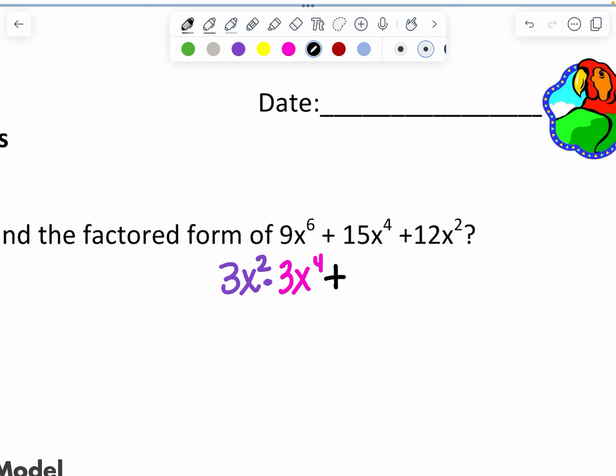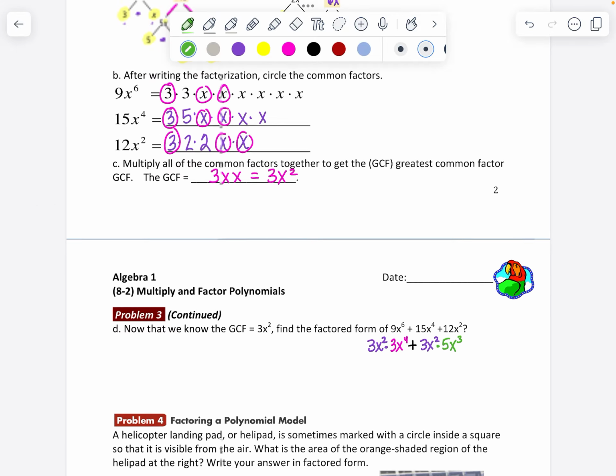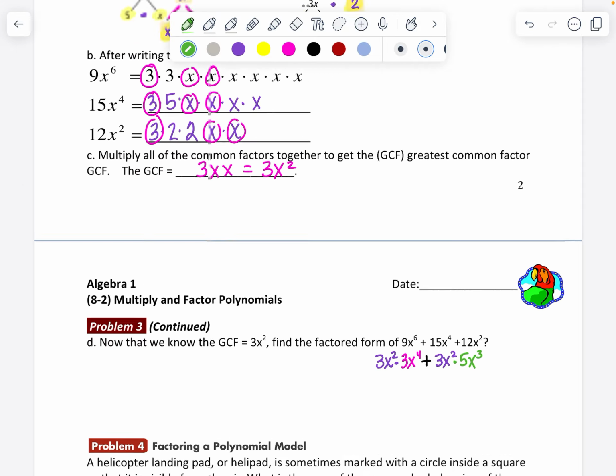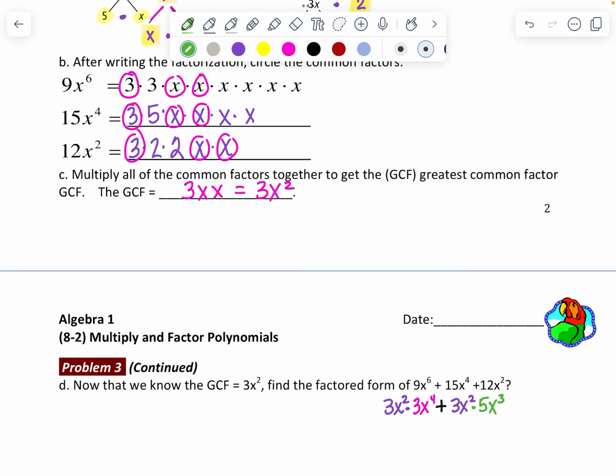Then I'm going to bring my plus sign down. And then I've got, let me use purple here, 3x squared, and then that's going to be times, 3 times 5 is 15. So it's going to be 5x cubed. And if you look at your prime factorization, oops, wait a minute, 15x to the fourth. So am I missing one?